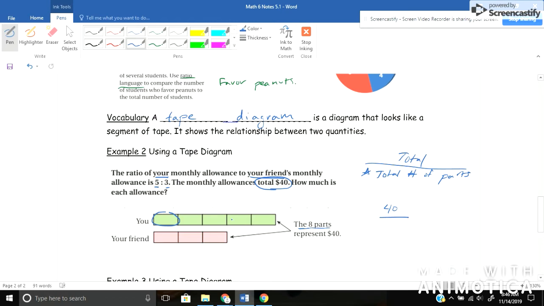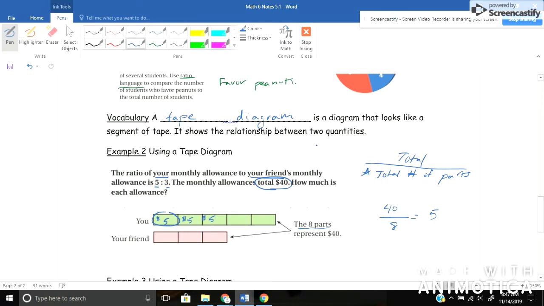So if we had 5 and your friend had 3, 5 plus 3 would be 8. Okay, 40 divided by 8 gives you how much each one of these segments is worth. Okay, so that would give us 5. Each one of these is worth $5. Okay, you could fill that out for each one.